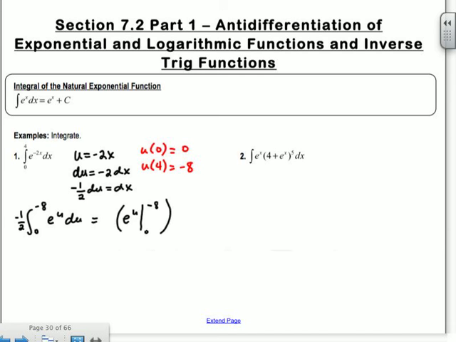So we're going to find that, and we're going to multiply by negative 1/2. You could also have the negative 1/2 in the parentheses, it doesn't matter. So I have negative 1/2 times e to the negative 8 minus e to the 0. Anything to the 0 power is 1. So that's our answer.